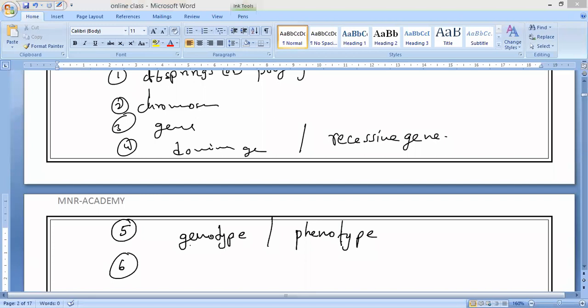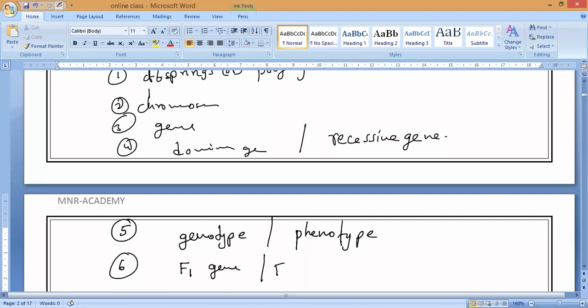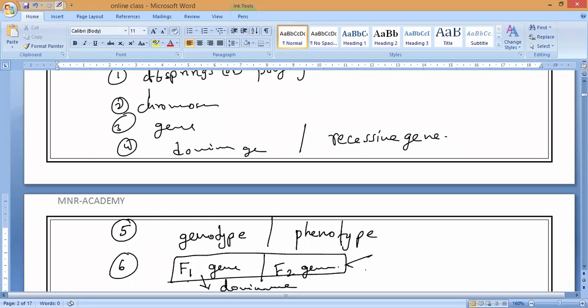So genotype and phenotype, and the last ones are the F1 generation as well as the F2 generation. From the F1 generation we get the law of dominance, and from the F2 generation we get two things. What is that, guys?